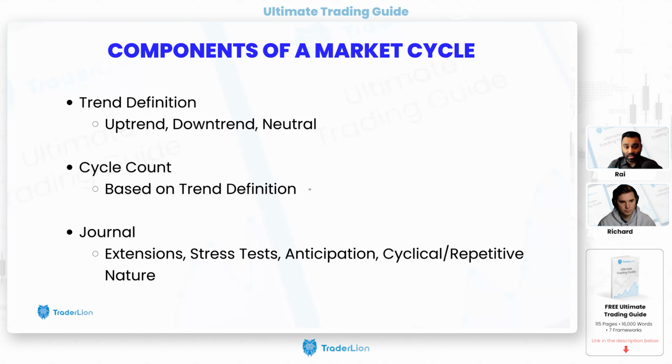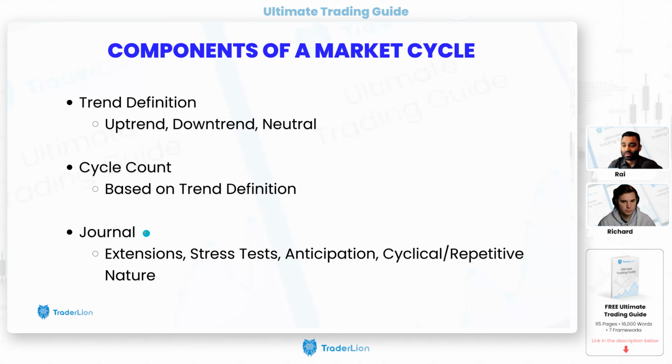The more market cycles that you trade based on your trend definition, the better you will get at anticipating and seeing patterns, seeing the psychological and technical components come together, right? And build yourself that market cycle system so that you can move from stage 1 to 2 and 2 to 3 as traders.